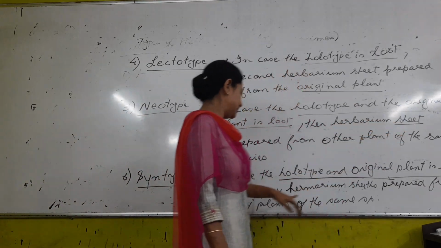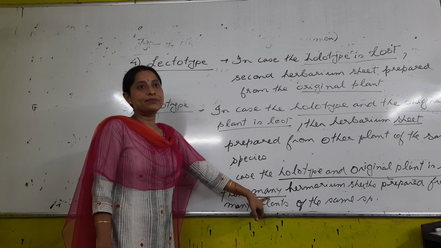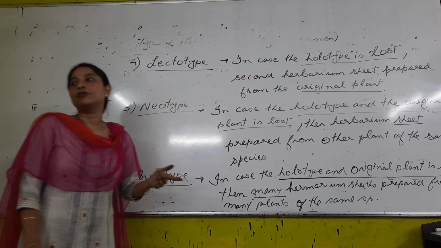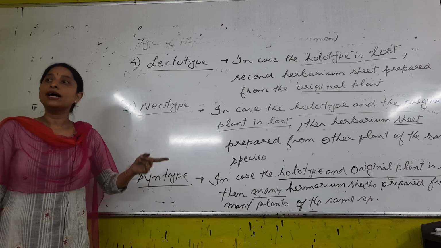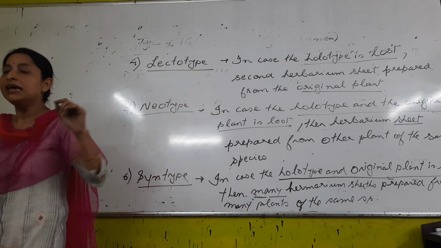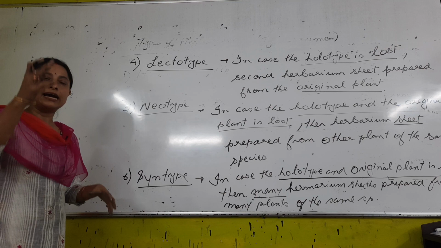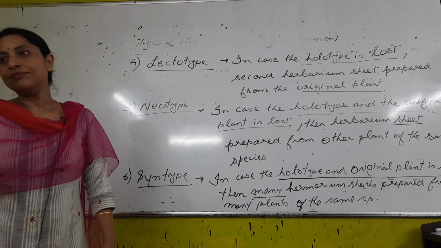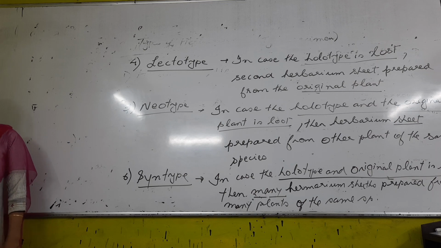one sheet, many sheets. Will you make one or more? If you make more, it's a syntype; if you make just one, it's a neotype. So we have little differences between them. This way we are just writing the note; how we will have to remember it, next class in the form of a chart I'll give, that will make the study easier, right? Otherwise it will be confusing.